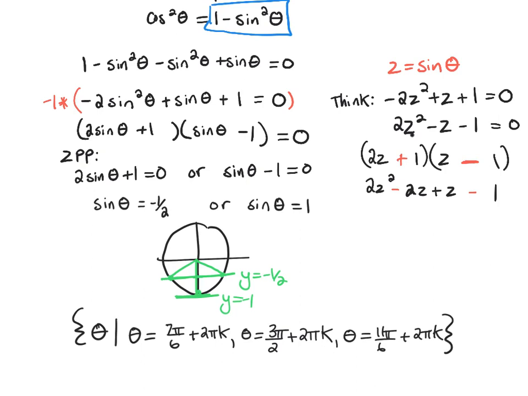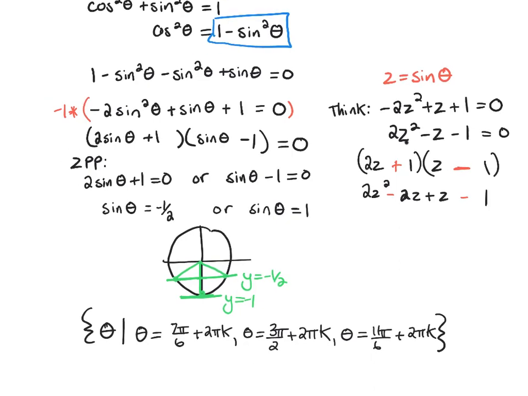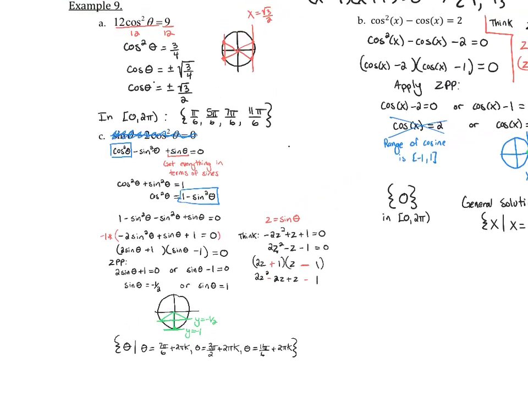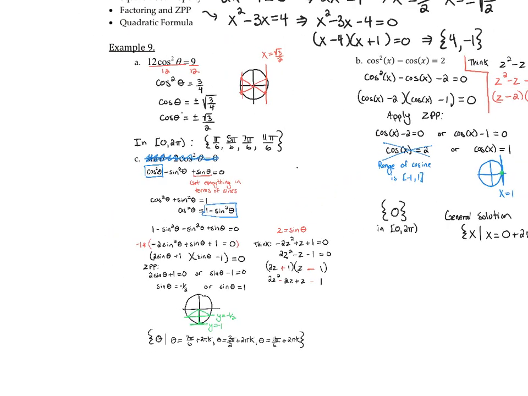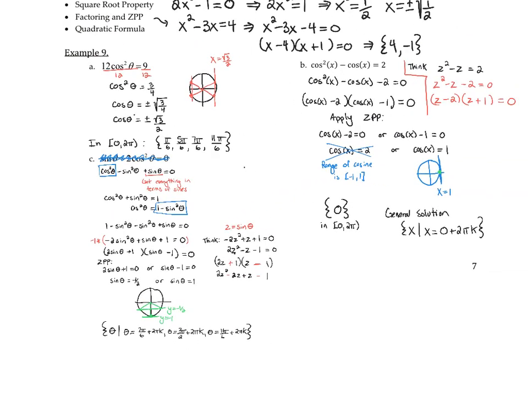So the main strategy for our quadratic trig functions is to just use what you know about regular quadratics, so factoring and zero product principle or the square root property, and then solve like we have been previously in the notes, finding all the angles that are solutions. If there's no specific instructions, you probably should provide general solutions.